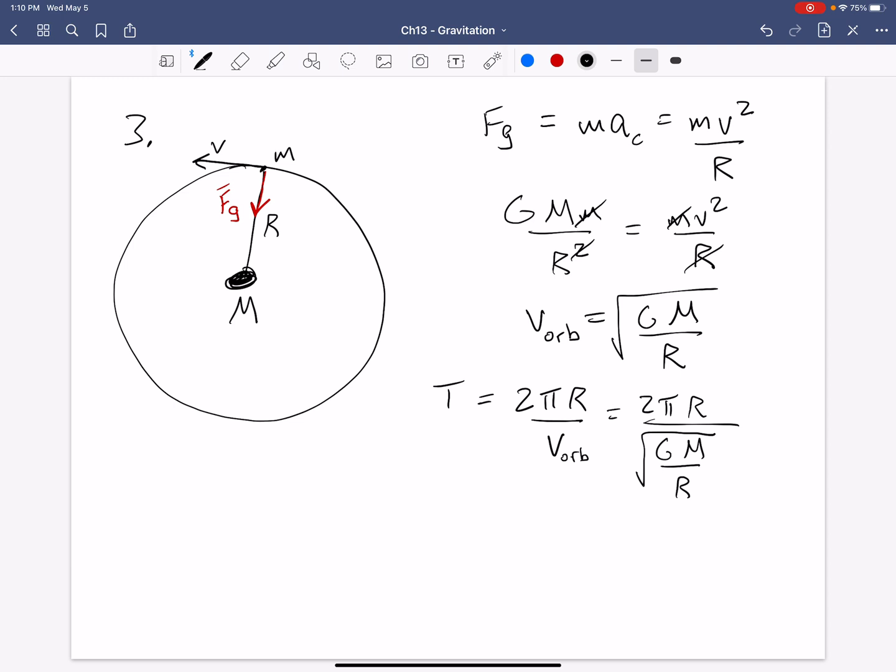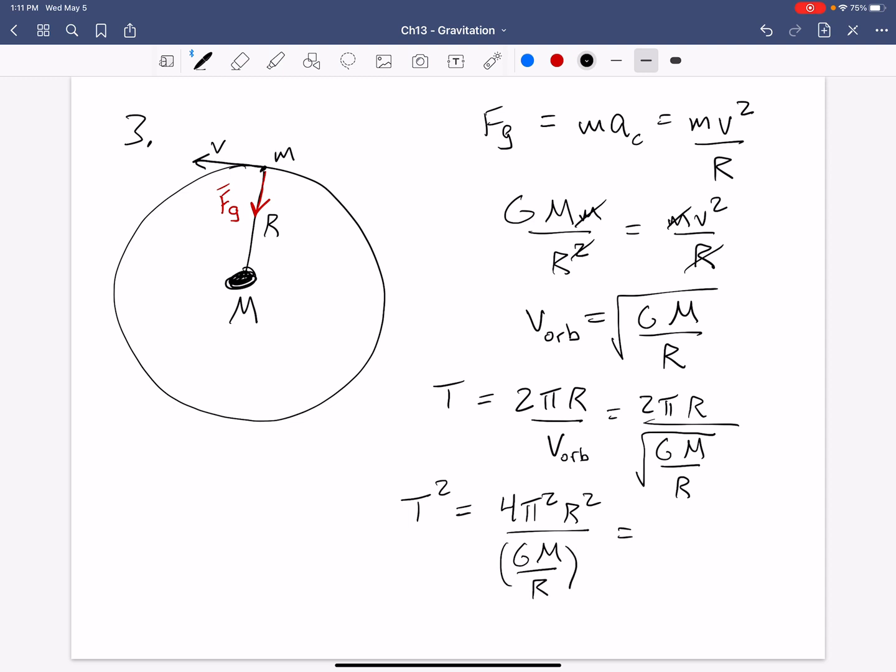And now I'm going to put this in the form of T squared. So I'm going to square both sides. That means I have T squared equals 4 pi squared times r squared divided by GM over r.